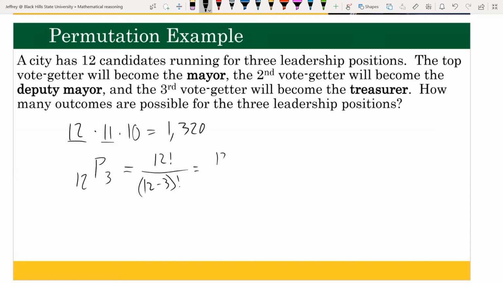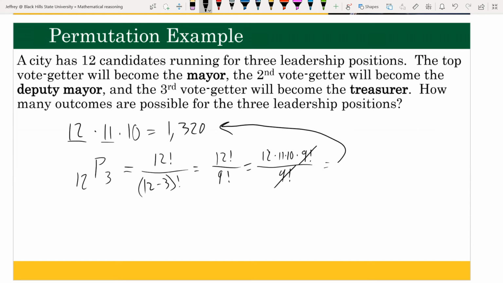So this tells me I have 12 total items I can arrange, but I'm going to ignore the 9 items that I did not select. If I write 12 factorial as 12 times 11 times 10, then times 9 factorial to match the denominator, the 9 factorials cancel, and I'm left with what I had earlier: 12 times 11 times 10, which is 1,320.